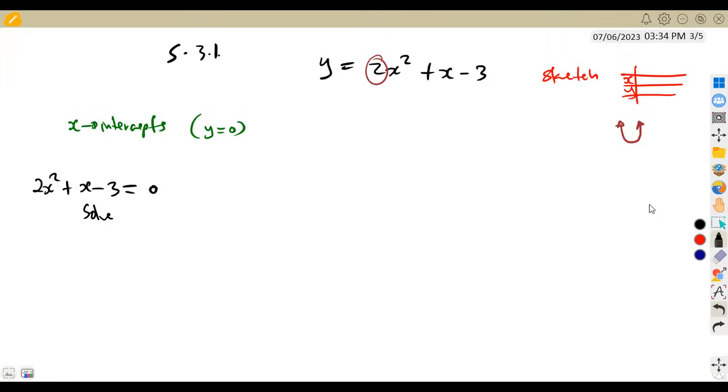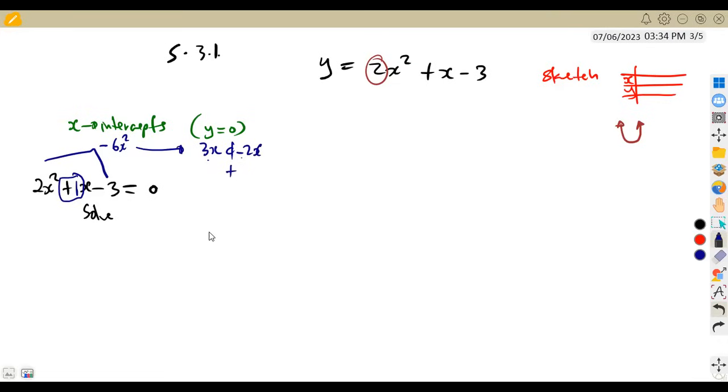It's up to you. So here I just opted for factorization, where I multiply the first term and the last term and I get negative 6x squared, and I need factors of negative 6x squared that I add to get a positive 1 in this case. It must be a positive 3x and a negative 2x so that it can give us a positive 1 if we add.